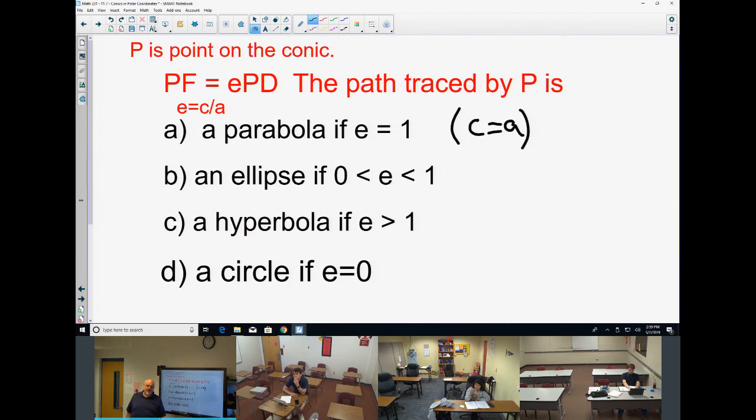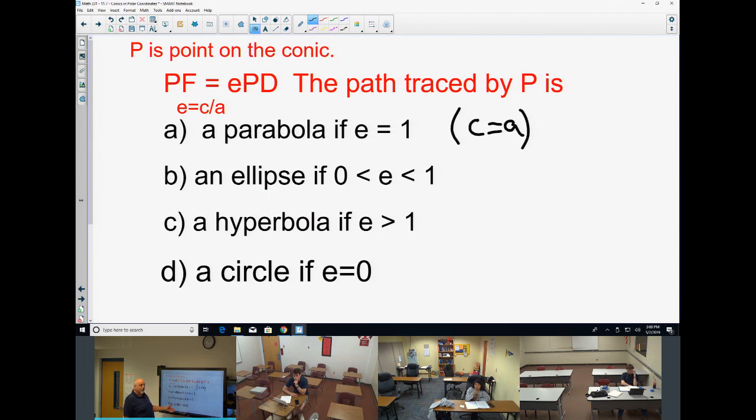So once we have the polar form, we can identify fairly easily what E is. And based on that, we can determine what the conic section would be without having to put it in Cartesian form.